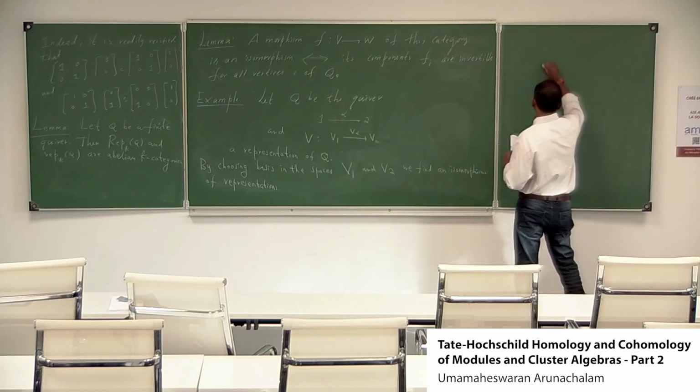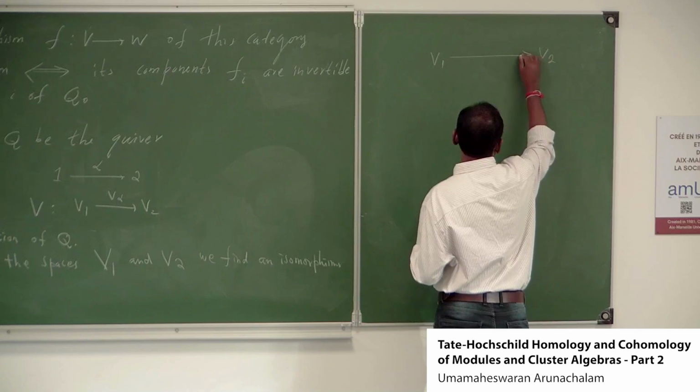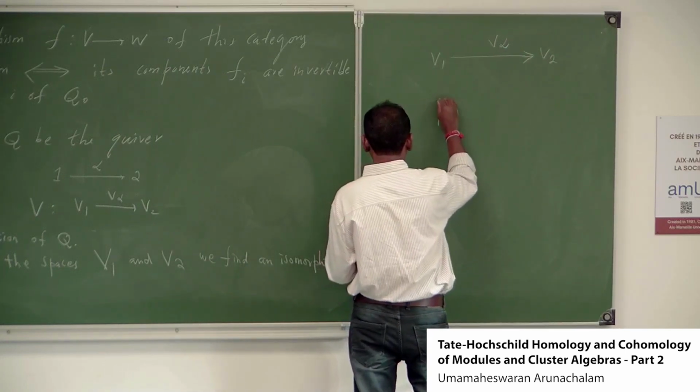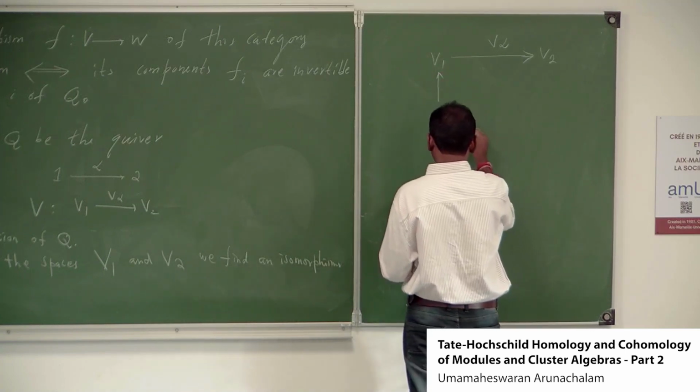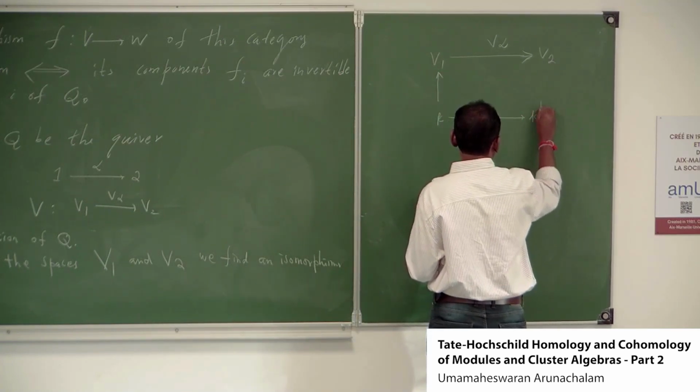V alpha is mapping from V1 to V2. This is k to V1, and A is mapping from k to k power p.